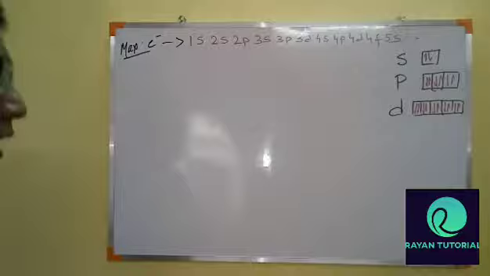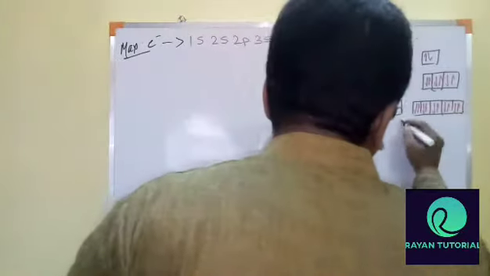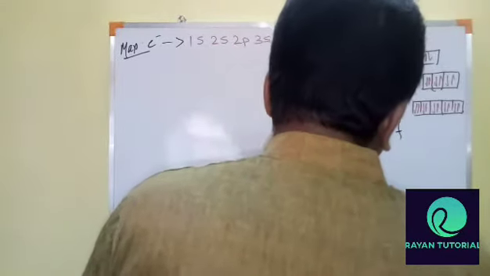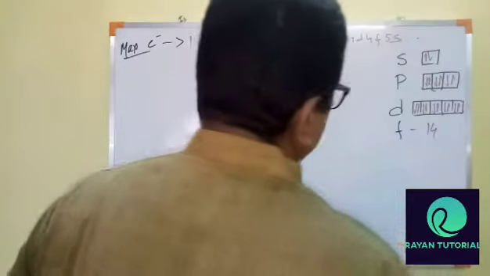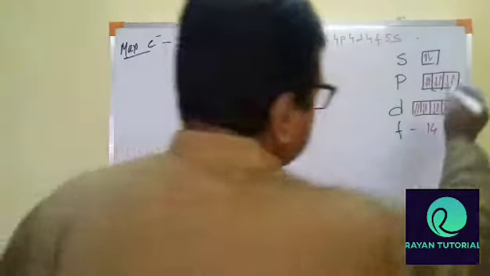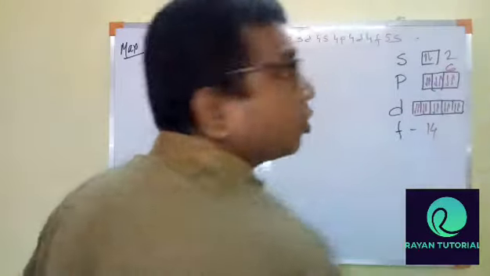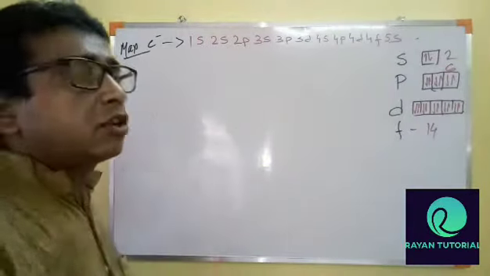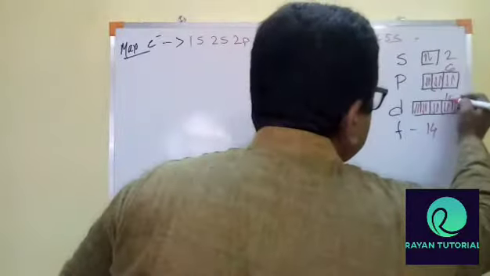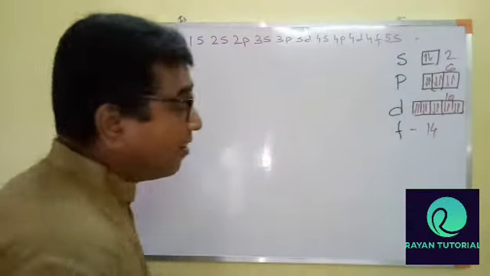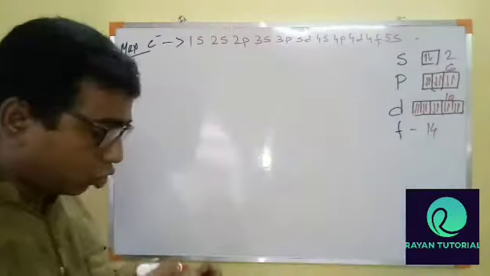I am not drawing that. That means in s maximum 2 electrons, in p maximum 6 electrons, in d maximum 10 electrons, in f maximum 14 electrons.